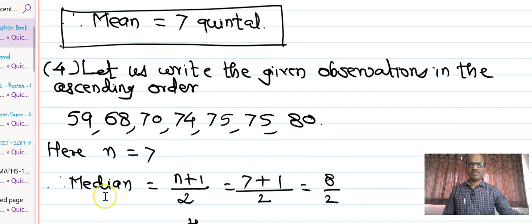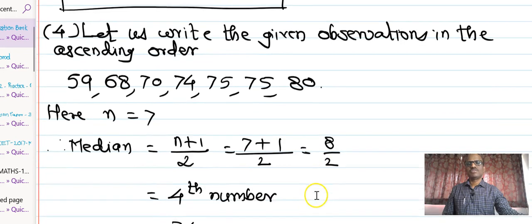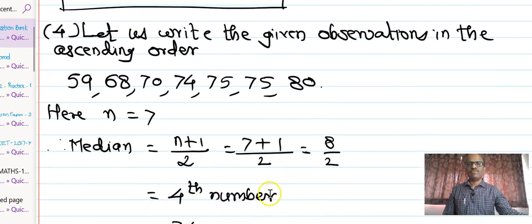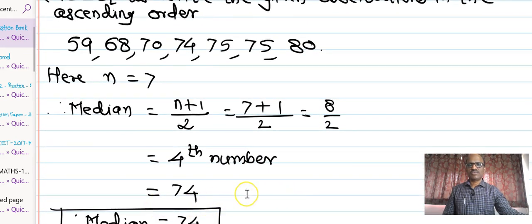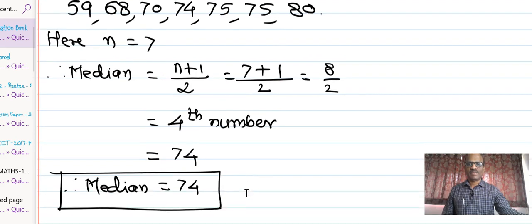Now, there are 7 observations. Therefore, the median is n plus 1 upon 2, that is 8 upon 2, the 4th number is the median, and that is equal to 74.